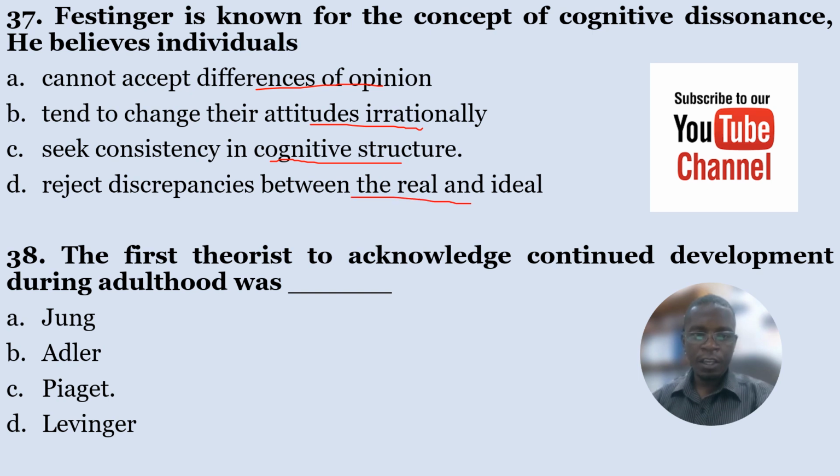The correct answer here is C. They see consistencies in cognitive structures. Number 38, the first theorist to acknowledge continued development during adulthood is Jung, Adler, Piaget, Levinson. The correct answer is Piaget.